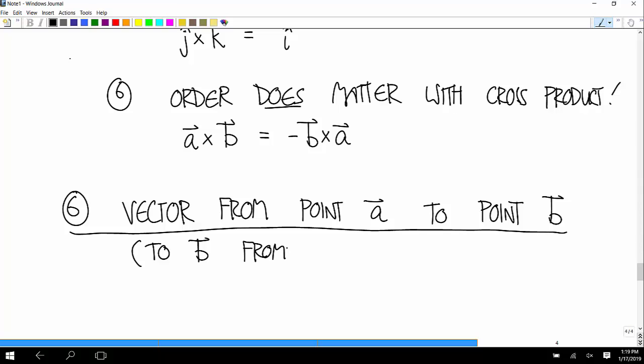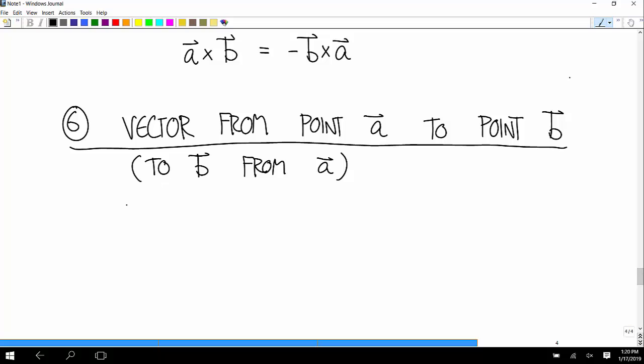So don't get fooled by the order switch. And there's 2 ways to do this.